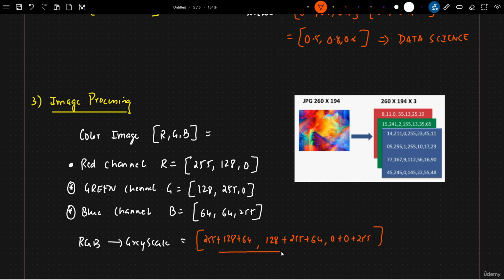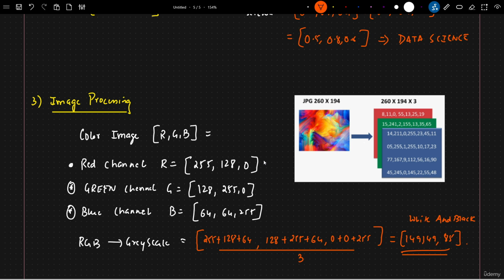If I divide by 3 to calculate the average, I get 149, and some more values, say 254 to 255, and this one will be 85. So this is my final black and white image, which we also call grayscale.